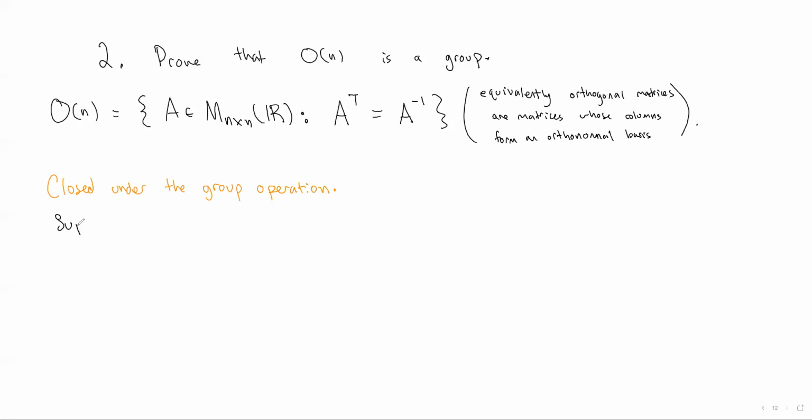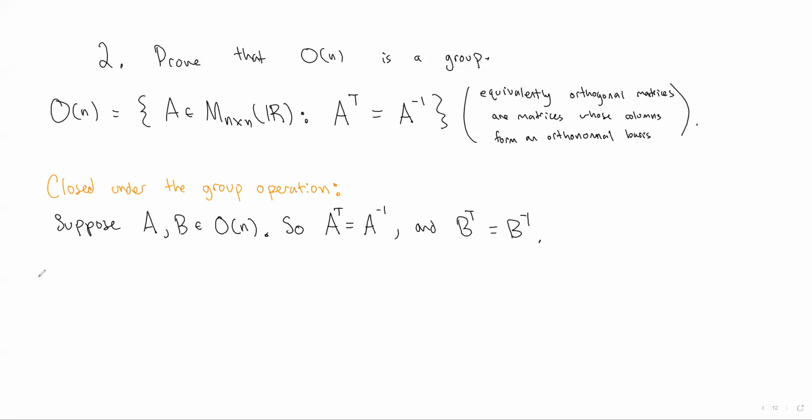So suppose A and B are elements of ON. So A transpose equals A inverse, and B transpose equals B inverse. That's what it means to be an element of ON.